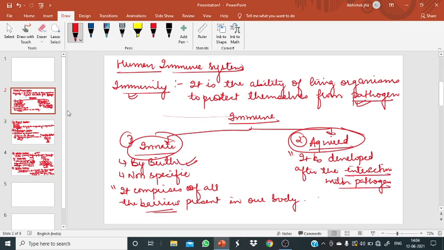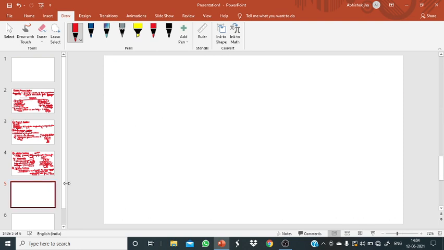So, it is antigen specific, like it cannot act on all the pathogens, it will act only on the certain pathogen which it has already encountered the first time. Then comes what makes the acquired immunity.